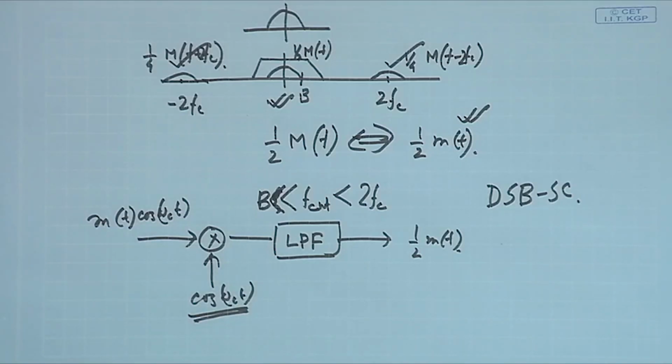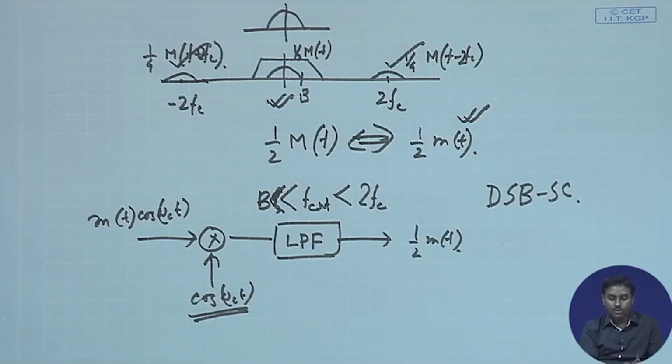Later on we will prove that if there is a phase drift or frequency drift and if we multiply these two, I have a chance of not getting anything over there. So we have to be very cautious about generating this local cosinusoidal. That has to be completely in sync with the carrier by which the signal was originally modulated.